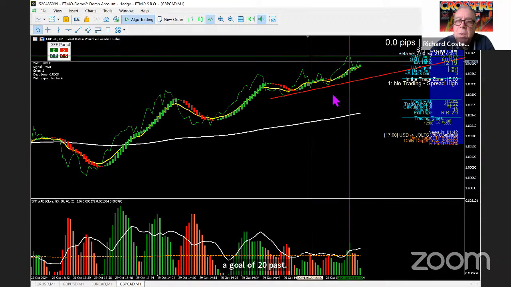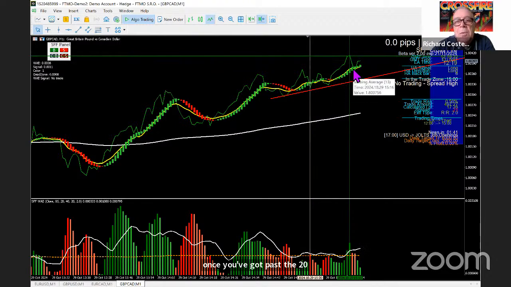If it's more than 20 bars, it will not take a trade, because when we're stacking probabilities, the probability of price continuing to go up once you've got past the 20 candle mark starts to, well, not as soon, it's not automatically at 20 candles, but the more candles you've got since the previous wave change, the less chance there is of that movement continuing.